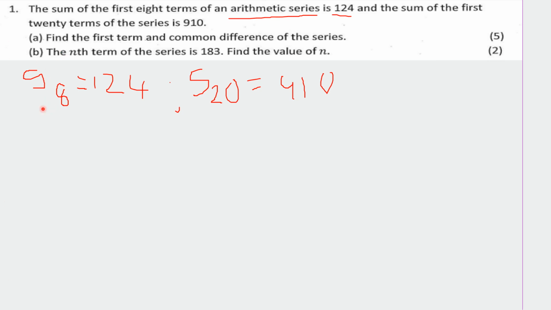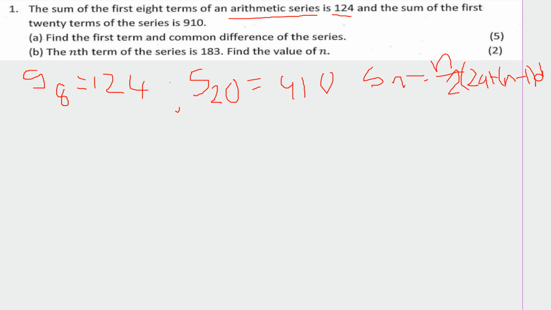So remember, we know the equation of Sn. Let me just write it here. Sn is equal to n over 2 multiplied by 2a plus n minus 1, all multiplied by d.